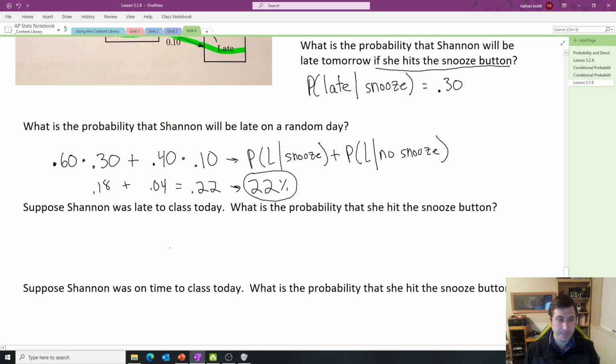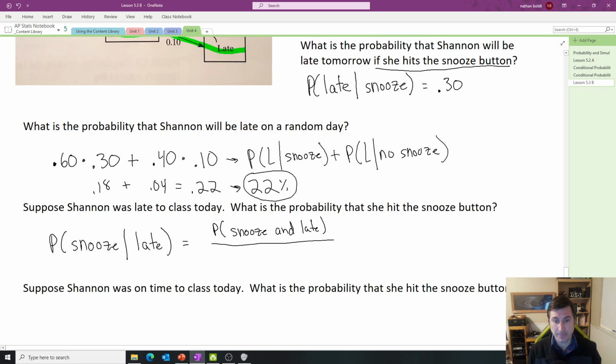I want to know the probability of the snooze given that we are late. So I'm going to use the probability rule here for conditions. That is the probability of snooze and late divided by the probability of being late.